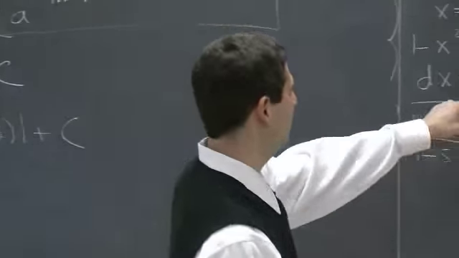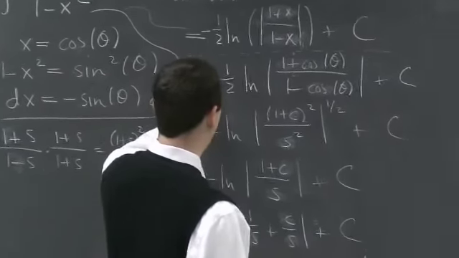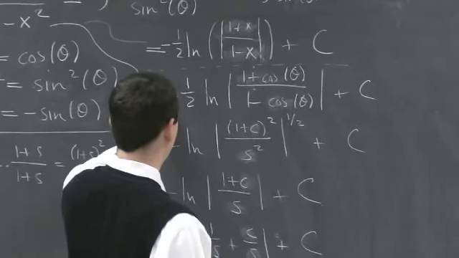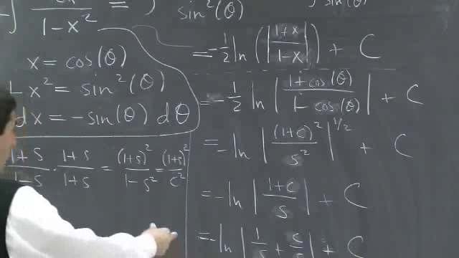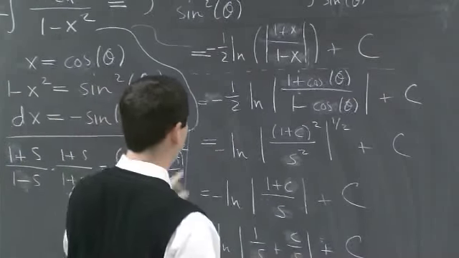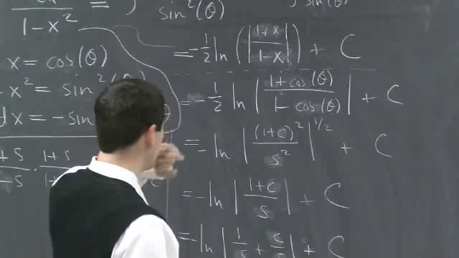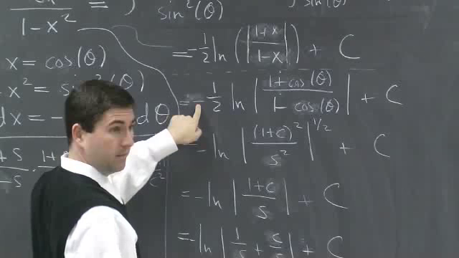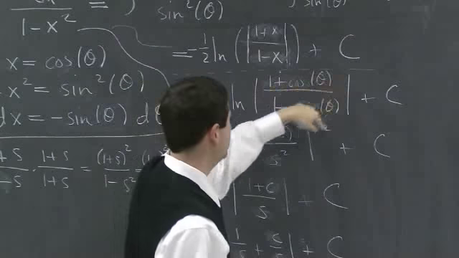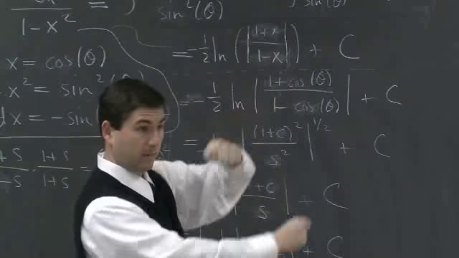Somehow this negative needs to go inside. Actually, maybe this may not be wrong. This may not be a typo as much as... Okay, let's try this. Let's take this negative in right at this point. And we put it in, that's going to raise this to the minus 1, which is just going to flip it.